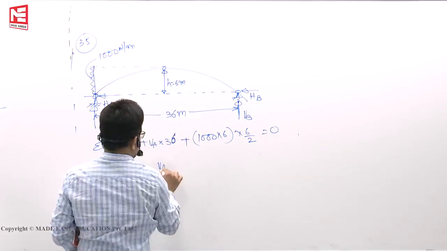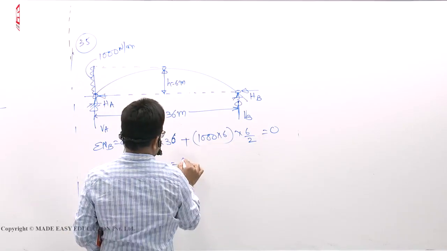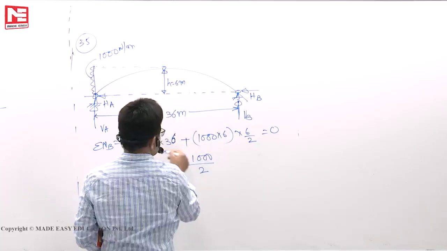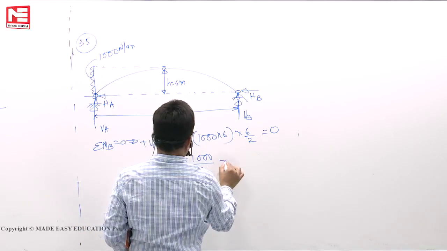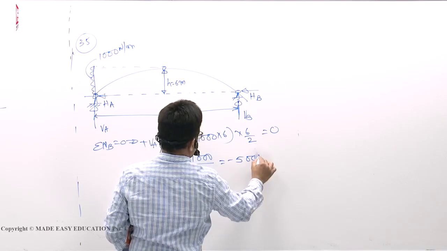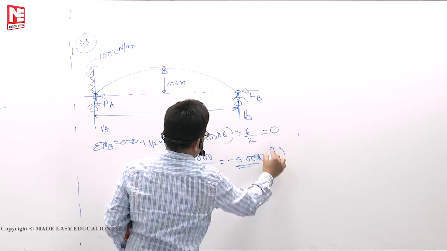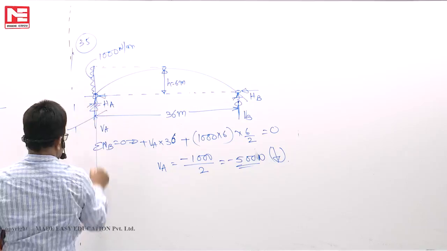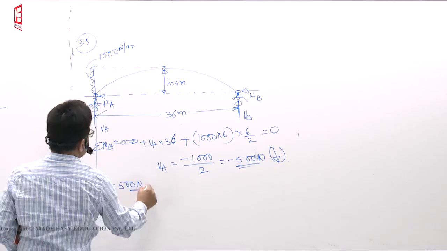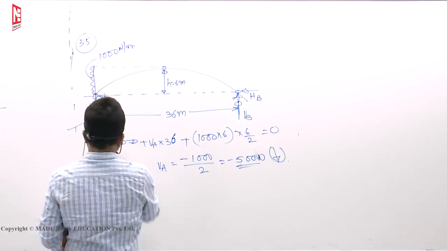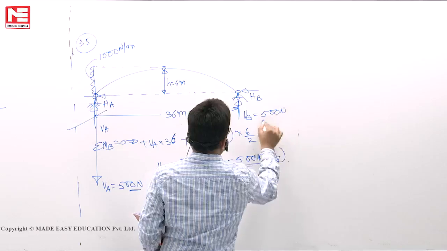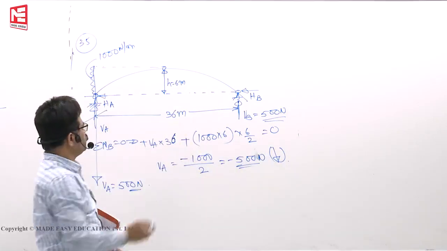So VA, 36 cancels out, equals minus 1000 by 2, 6 into 6 is 36, 36 cancels out. So 1000 by 2 means minus 500 newton. Minus indicates that VA is acting downward. VA must act downward, 500 newton. Next, if this is 500 down, this should be 500 up, 500 newton up. Otherwise, a couple will not form.